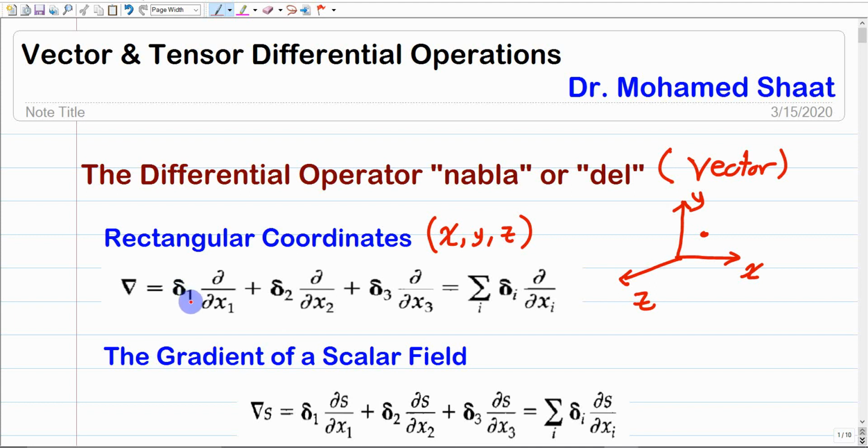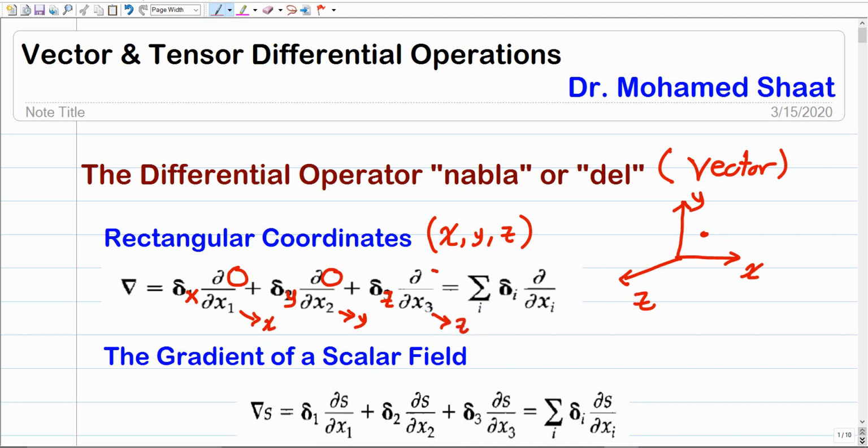This one stands for x, this is for y, and this is for z. So we have the partial derivative of any field, of any physical quantity, with respect to x1, which is x itself, and the partial derivative of the same field with respect to x2, which is y, and x3 is the z direction.